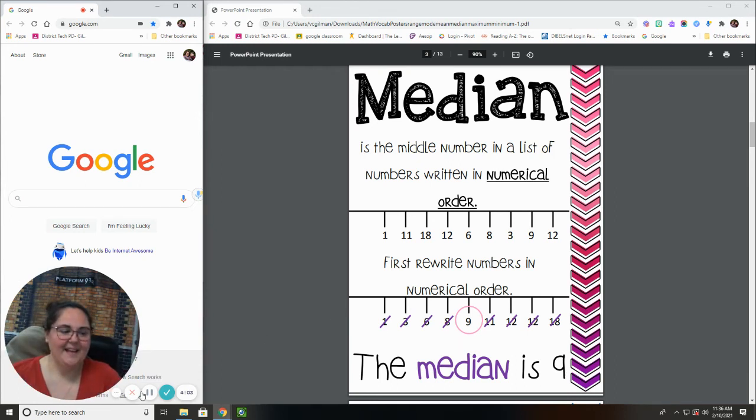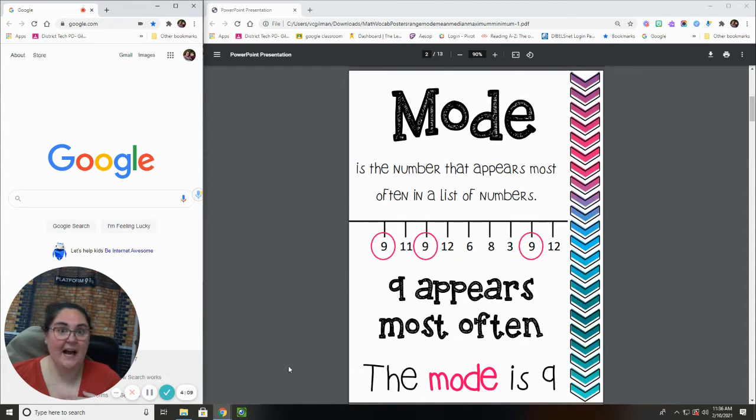Awesome. Now, the next one we're going to do is one of my favorites because I think it's the easiest to find. Mode, notice it has an O, is the one that happens most often. You literally look and see which number is used the most.